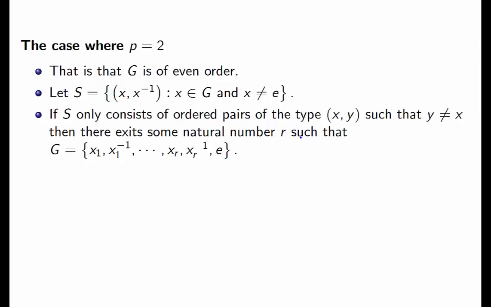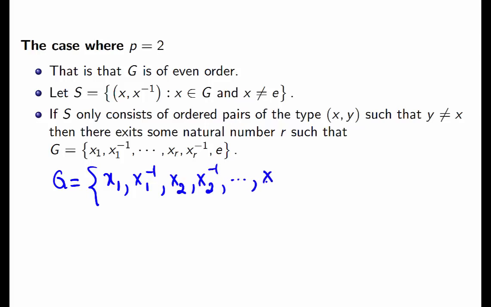If S only consists of ordered pairs of the type (x, y) such that y is never x, then you should be able to essentially enumerate all elements of G by pairing every element with its inverse, so you have x1, x1 inverse, x2, x2 inverse, and so on all the way till xr, xr inverse, and then of course you'll have the identity here.